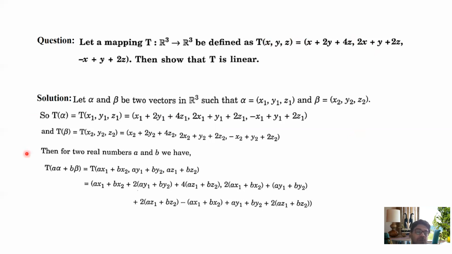Okay, now for any two real numbers a and b, we have T of a alpha plus b beta.